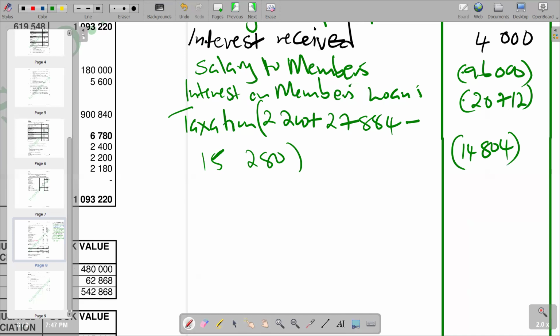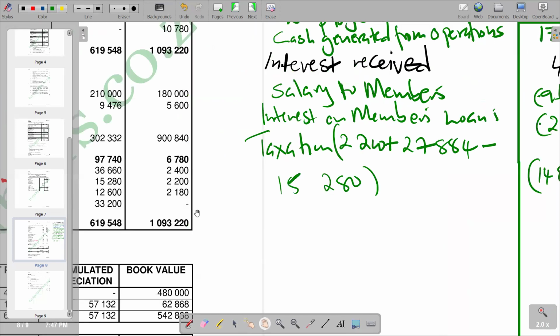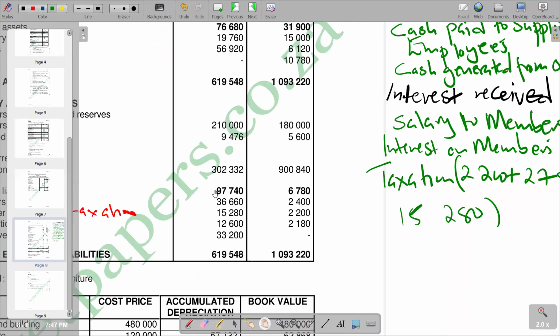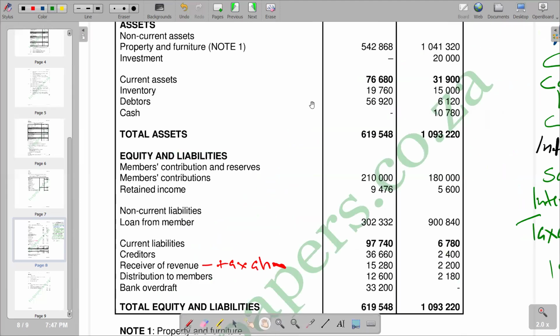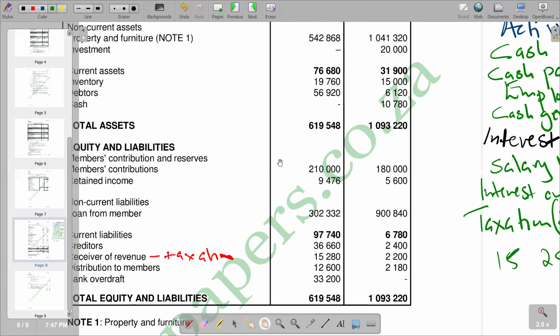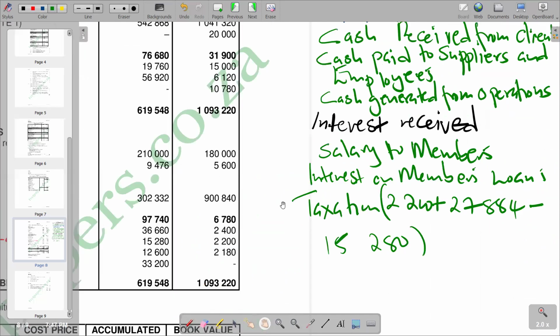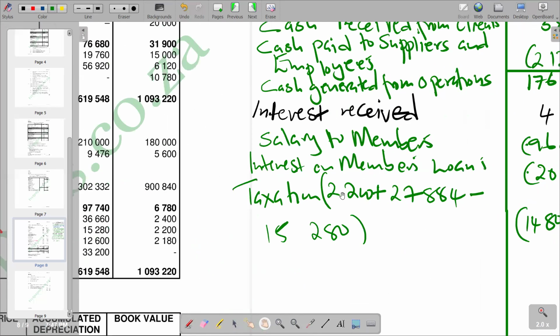You'd see that for taxation, it might not be under our current liabilities. Maybe we have taxation under current assets. What it means is there is a prepayment. So we just do the opposite of what we've done here. Remember I said opening balance plus taxation for the period.